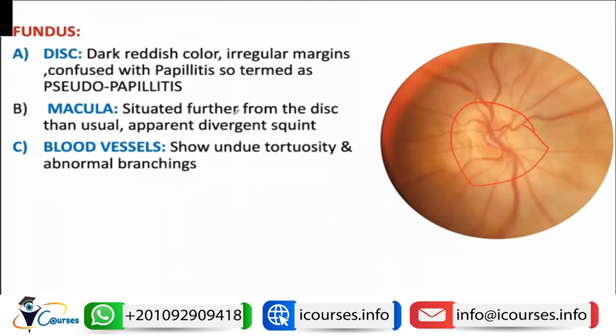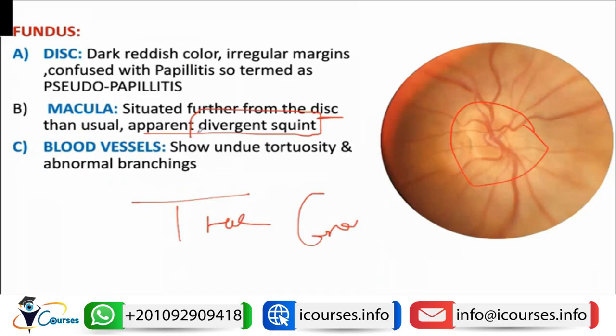The macula can be situated away from the disc. So as we said, this will lead to apparent divergent squint because the macula is away from the optic disc, leading to a large angle alpha or positive angle alpha. So hypermetropia can lead to apparent divergent squint or true convergent squint, which is the reverse of myopia.